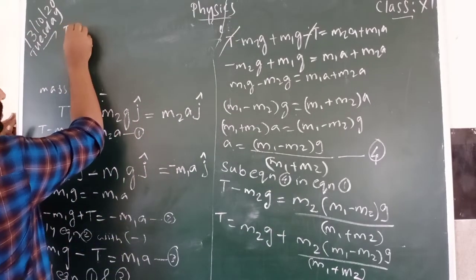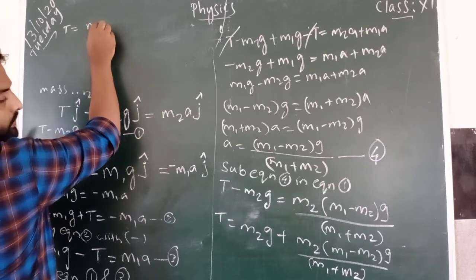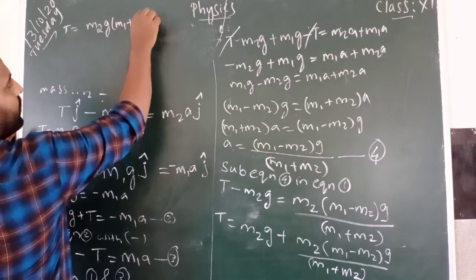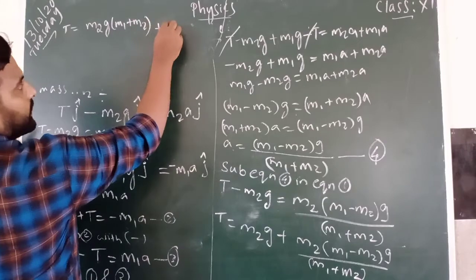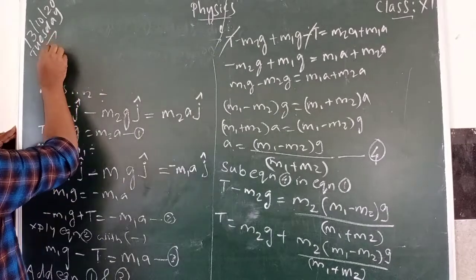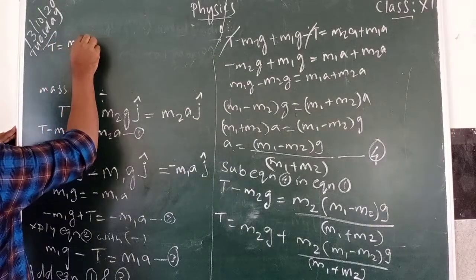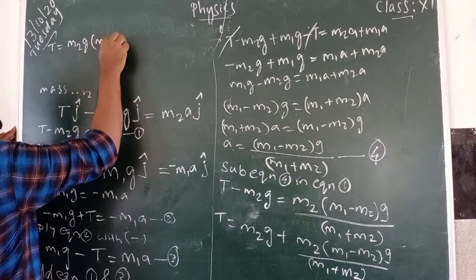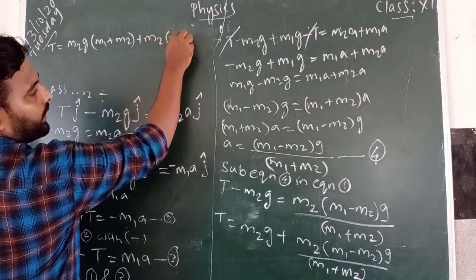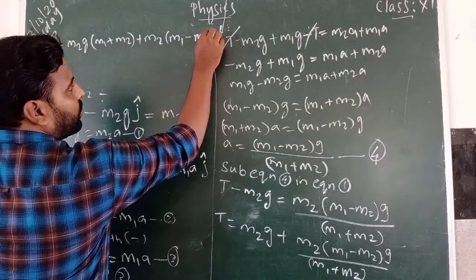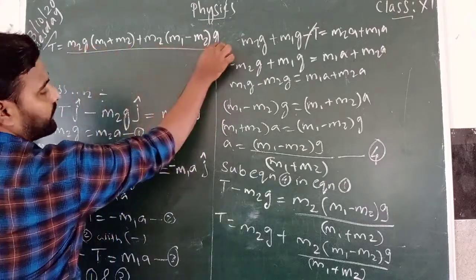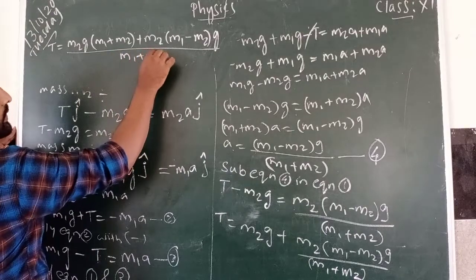T equal to M2G into M1 plus M2, plus M2 into M1 minus M2 into G, divided by M1 plus M2.